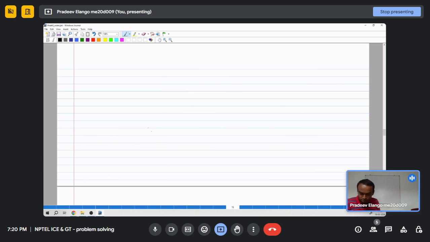Now, what is turbine efficiency? So work done by turbine minus work done by compressor divided by work done by turbine. No, this is for the entire gas turbine we are telling.